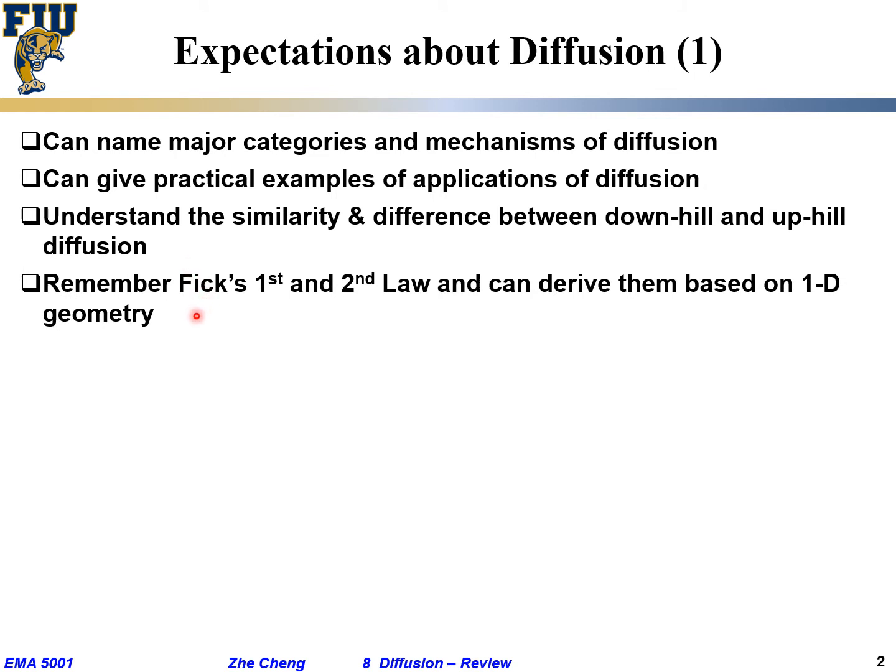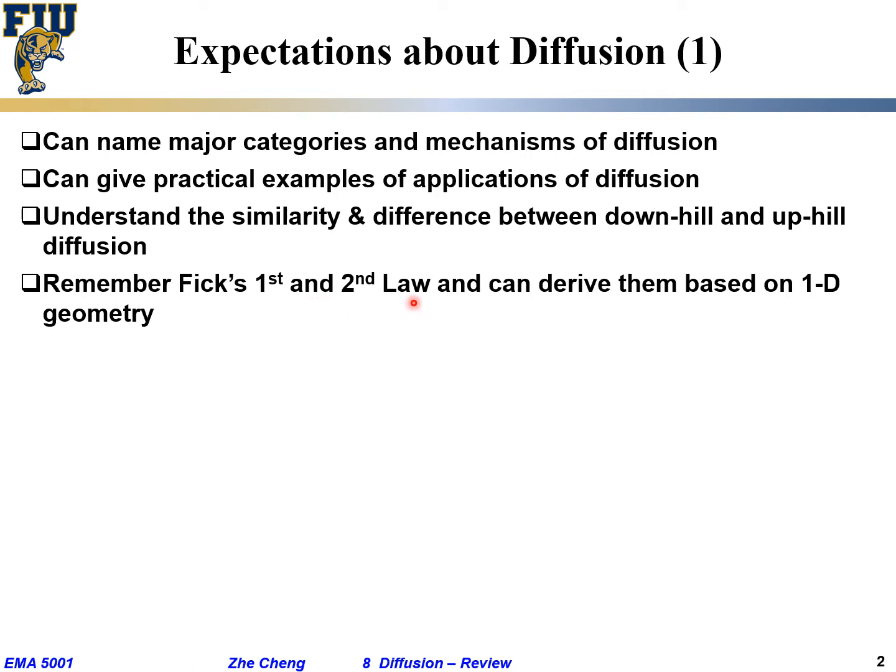And I also expect you to be able to remember Fick's first law and second law. Fick's first law relates the flux, which is the flow of material per unit area per time by diffusion, to the so-called concentration gradient and a constant, the diffusion coefficient.